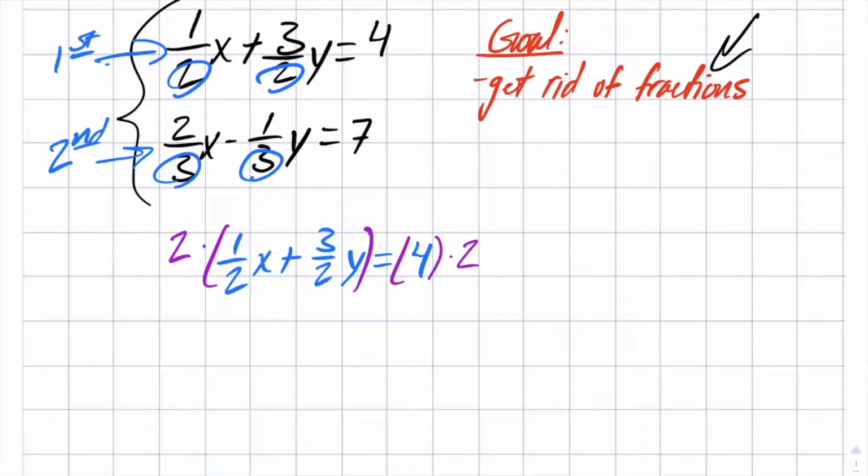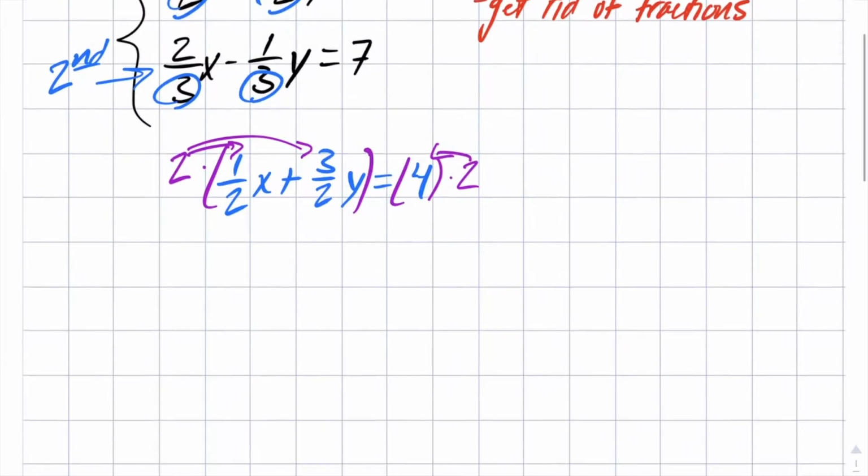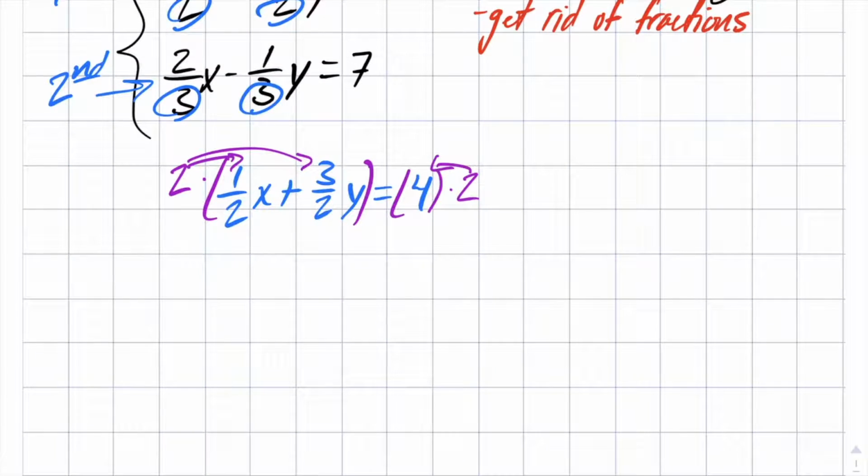And we're going to use the distributive property in order to multiply it through. So this times this times this, and this times this. All right? And you're going to have 2 times 1 is 2 over 2x plus 2 times 3 is 6 over 2y equals 4 times 2 is 8.